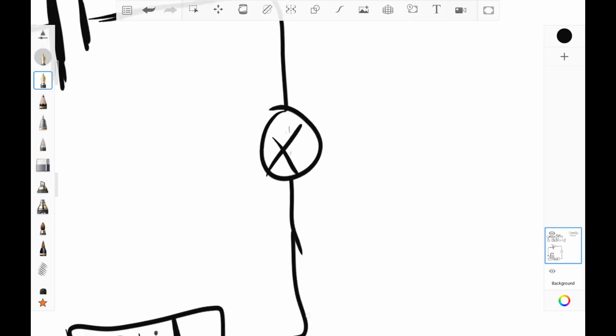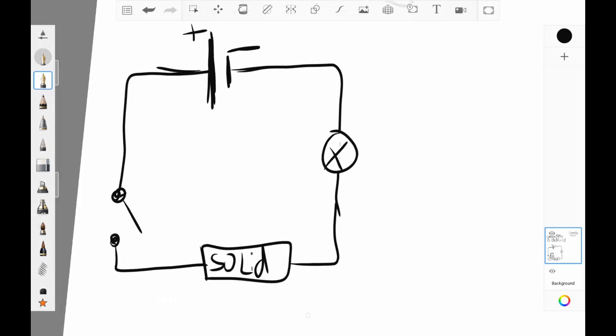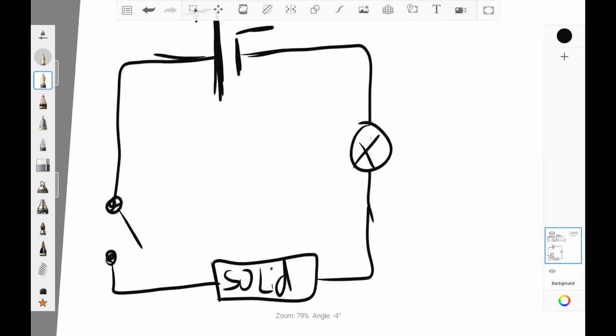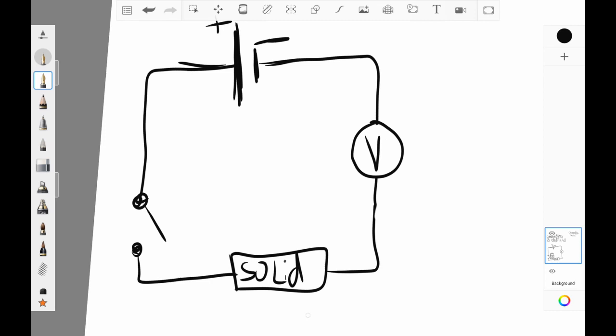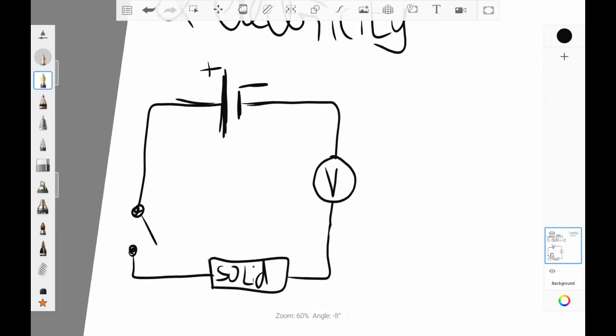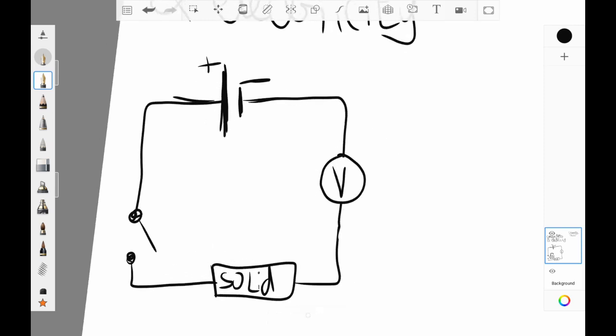If I use a lamp over here and my material is a conductor with the switch closed, then the bulb will light up. If the bulb doesn't light up, then the solid is almost certainly an insulator. Alternatively, I can also use a voltmeter placed in the circuit, then assuming that the solid is a conductor, the voltmeter will deflect, and if it isn't a conductor, then the voltmeter won't deflect. And this can be carried out with all solids.